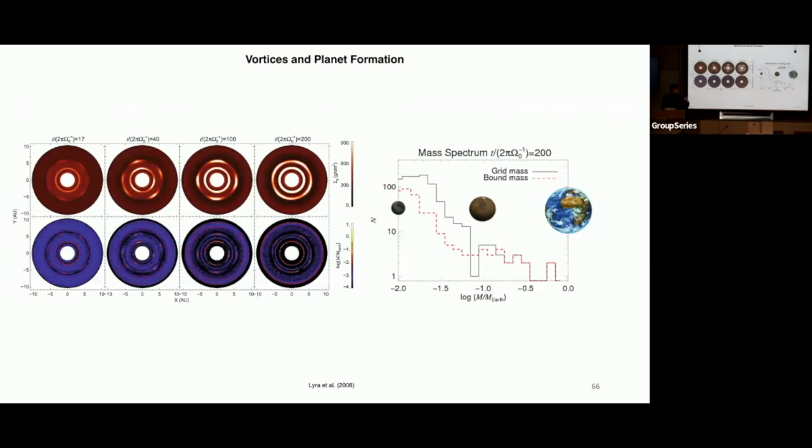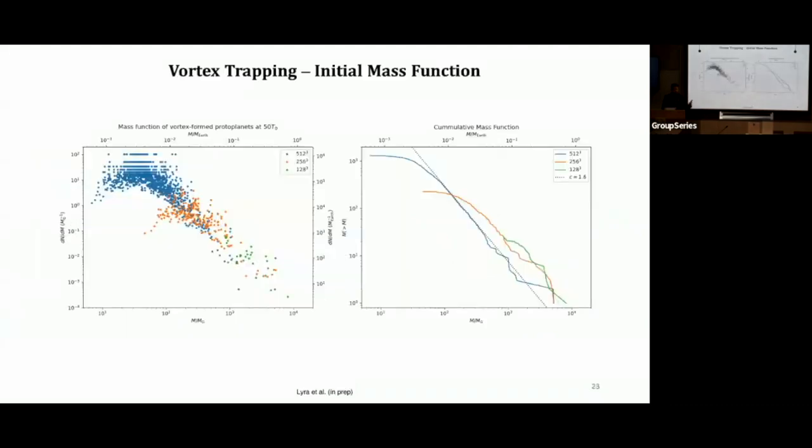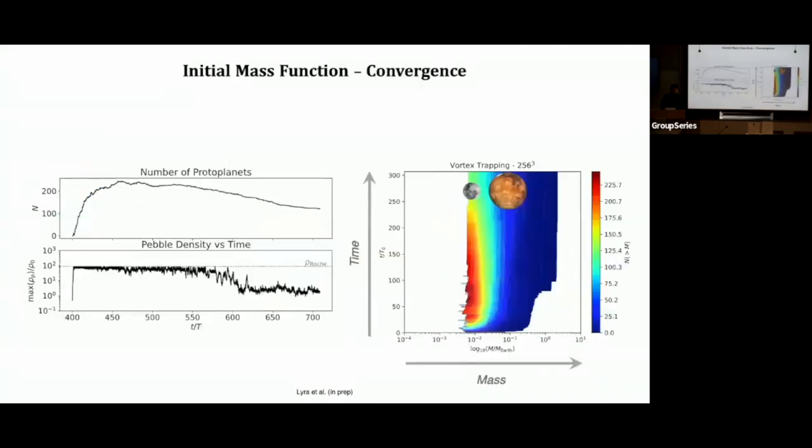So one of the things that I wanted to check with these 3D models is if we would find convergence at the lower mass, and we still don't find it, and the masses that we form are still Moon mass and Mars mass. So 10 years ago, I was saying low res. Now we put high res and we still find the same thing.